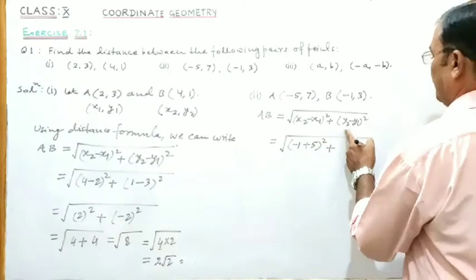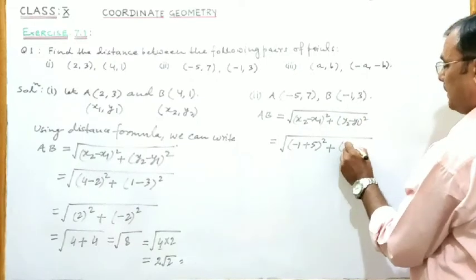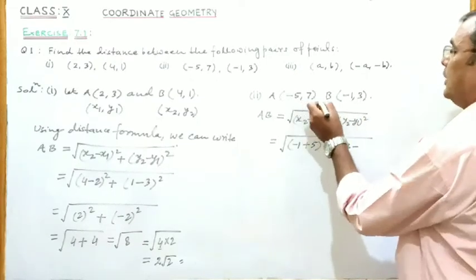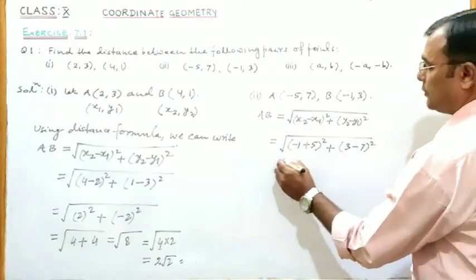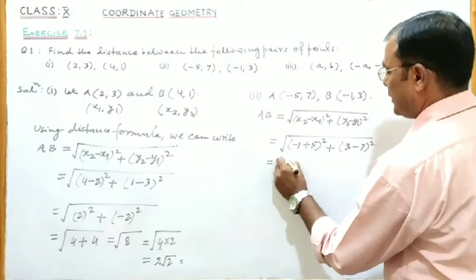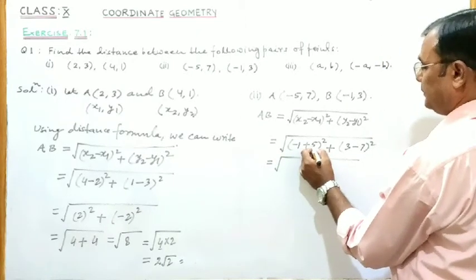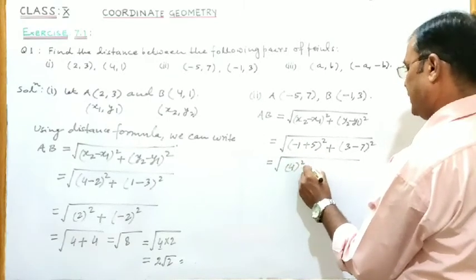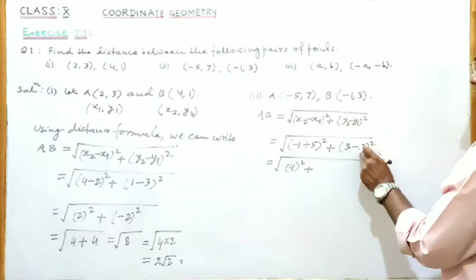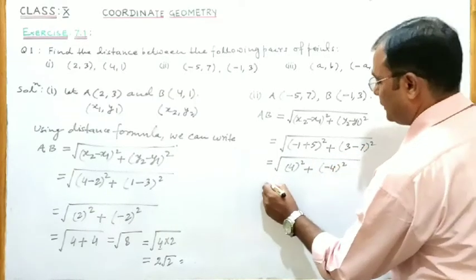plus (y2 minus y1) whole square. y2 is 3 minus, in the formula y1 is 7, whole square. This is under root (minus 1 plus 5), 4 square, plus (3 minus 7), minus 4 whole square.